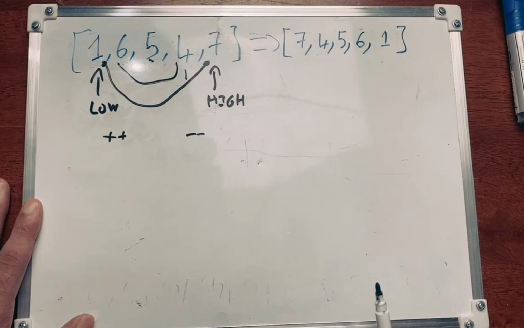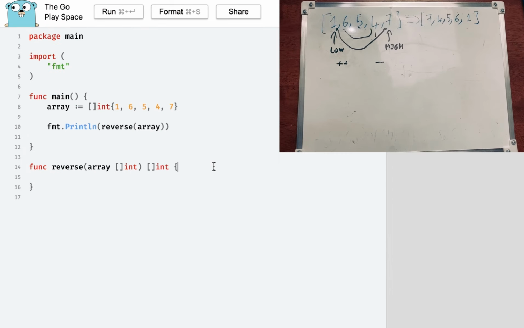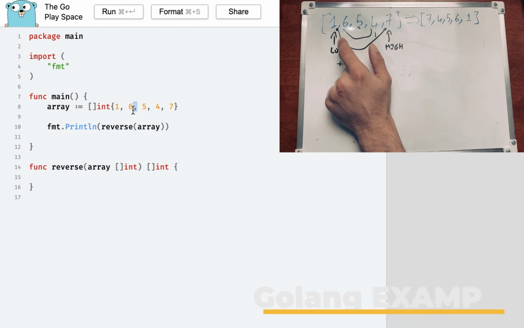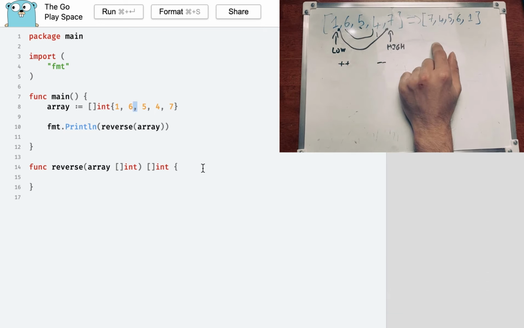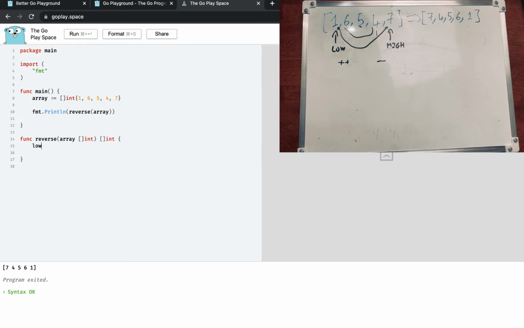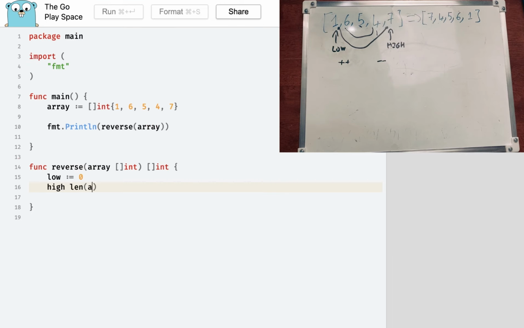Let's do that in code. We have this array, the same as here, as our input array, and we need this output. So we start the pointers, low and high: low equals 0, high equals the length of the array minus 1.